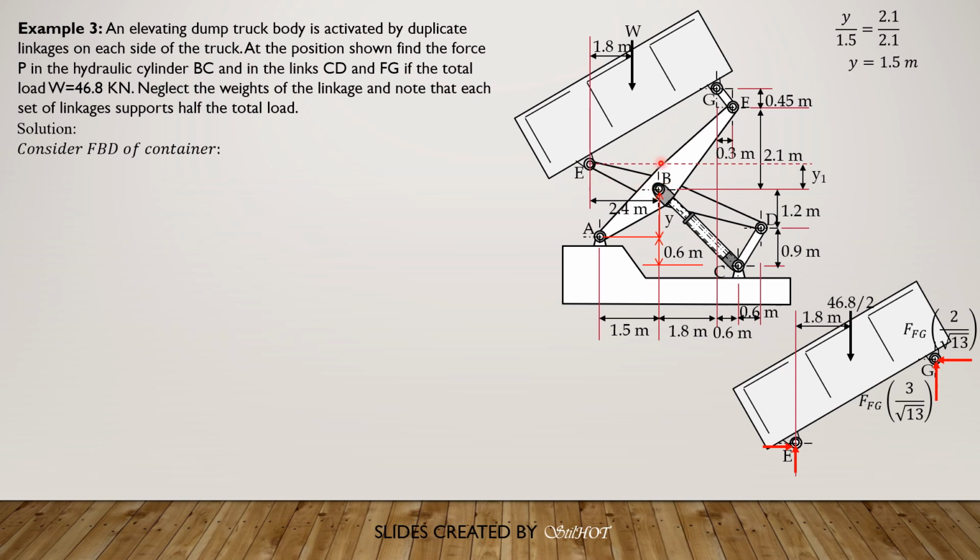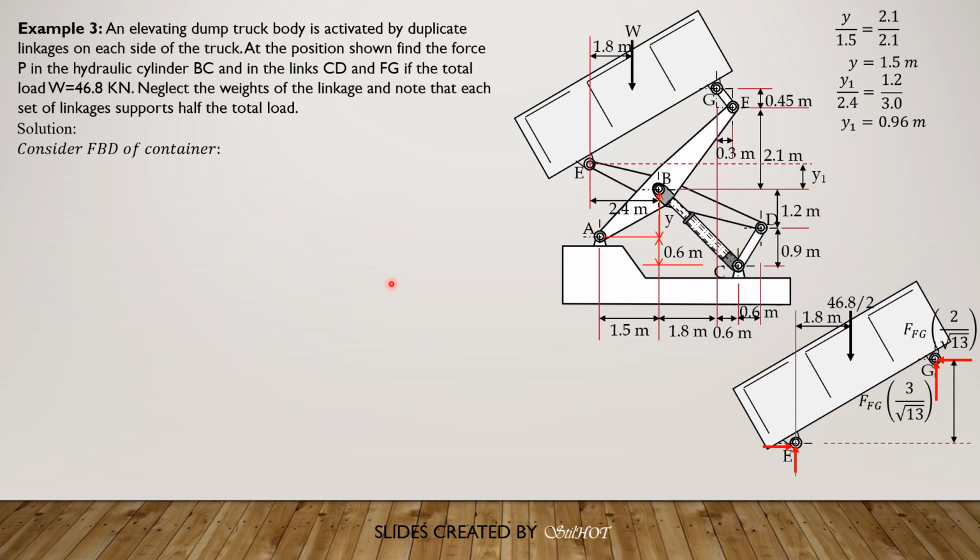So y1 is to 2.4 equals 1.2 is to the horizontal distance between B and D, which is 0.6 plus 0.6, 1.2, plus 1.8, 3. So y1 is to 2.4 equals 1.2 is to 3, so y1 is equal to 0.96 meter. That's the value of y1.